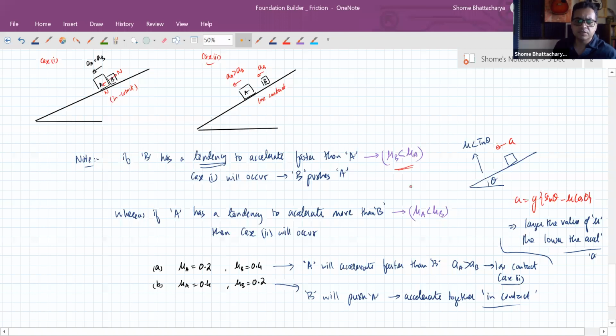So this is case 1. And vice versa for this. Here mu A is 0.2, so coefficient of friction of A is less than coefficient of friction of B. So that's why they'll have a tendency to separate. A will have more acceleration.